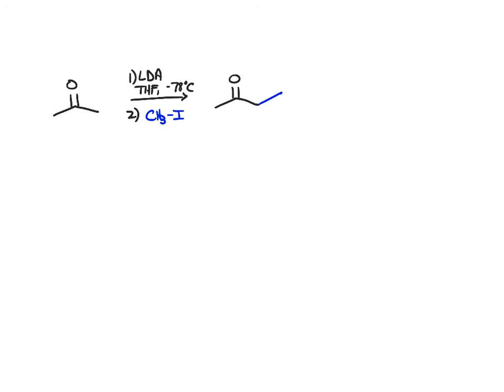So that gives you this product, and then to add the allylic group, we would need the thermodynamic enolate, meaning you would want to use a base like hydroxide or ethoxide.